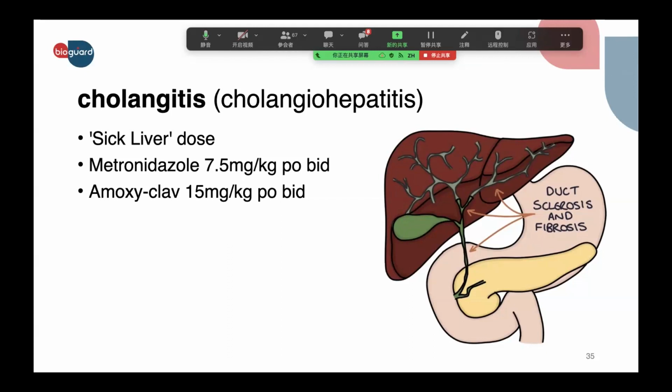If there are bacteria in the gallbladder system, it will cause some sludge. That's what we see in the ultrasound as well.